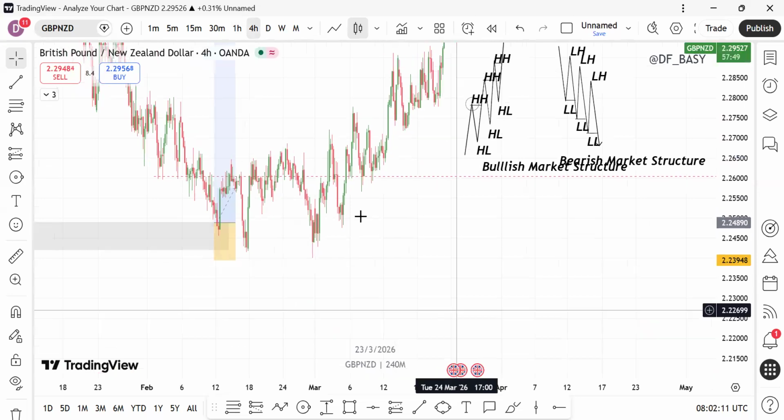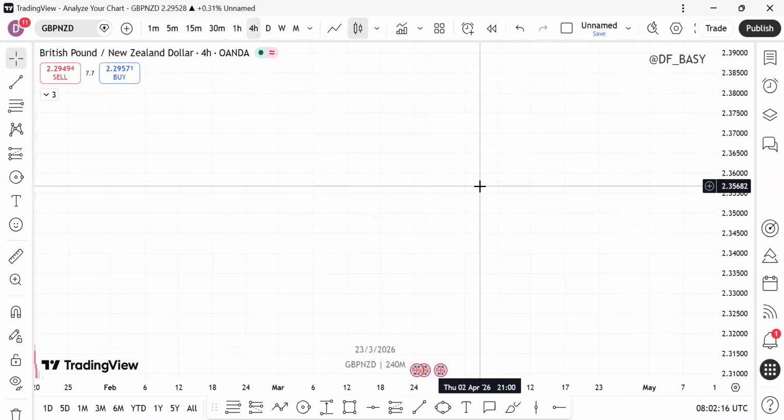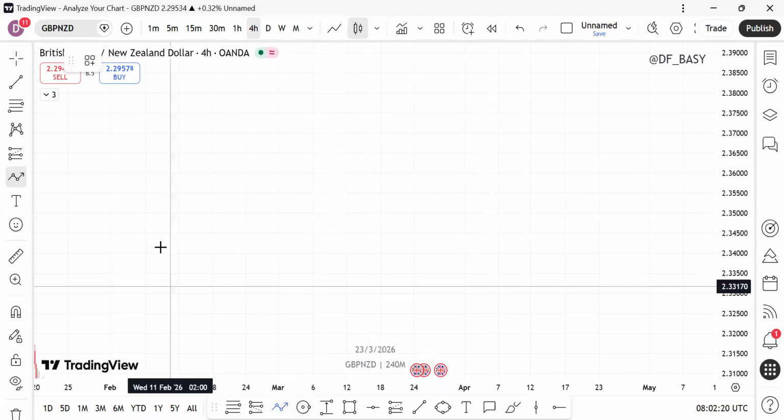I'm still gonna draw it out for you. Just looking for room. All right. So in real time, this is how market structure moves. It moves like this.